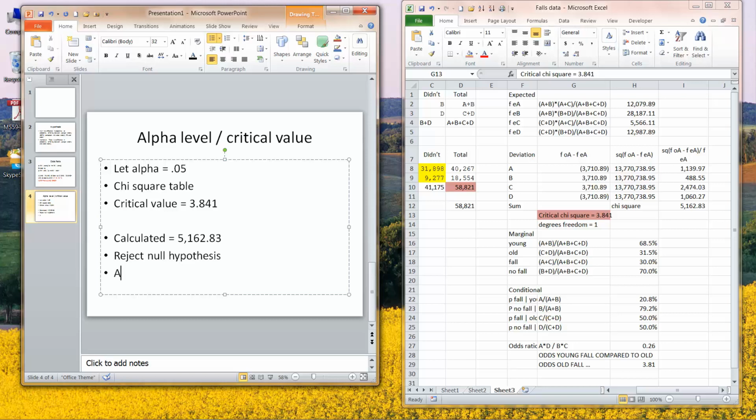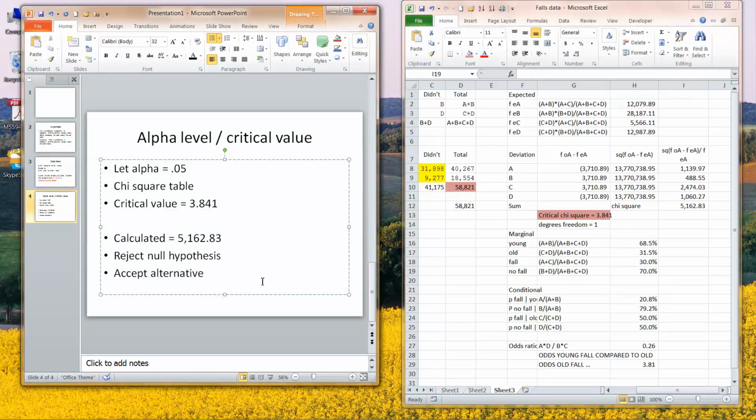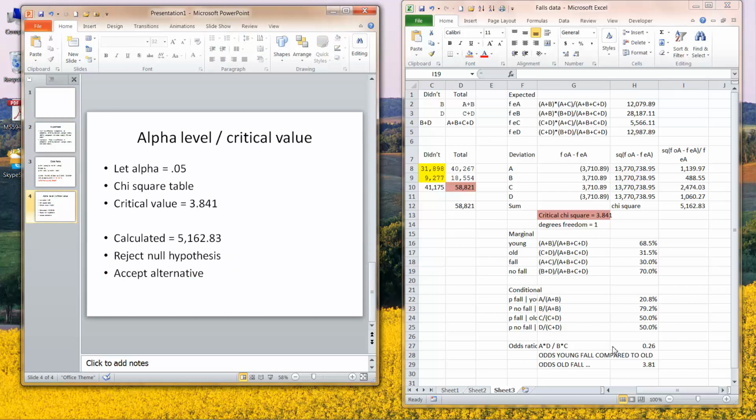We accept the alternative, that there is a significant difference in the odds of falling, and that difference is statistically significant. So all told, that's how we do this by hand.